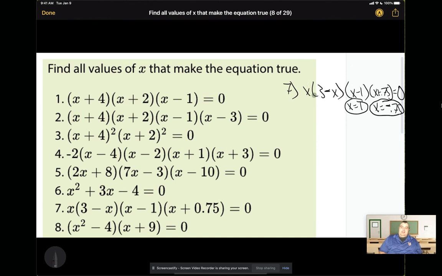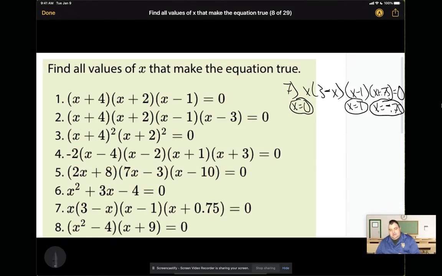The interesting one is here. I have a factor of x. Well, if I set that equal to 0, I get x equals 0. So I'm actually done. I don't have to use any of those tricks there. So when one of my factors is x, the x-intercept is going to be x equals 0.